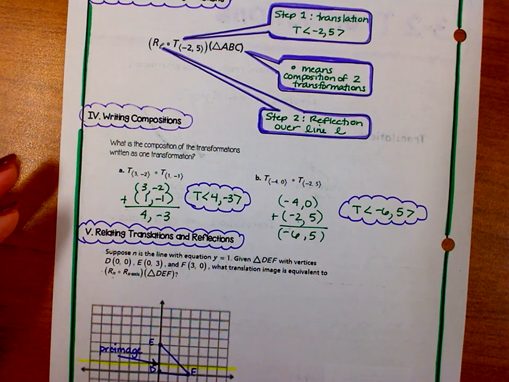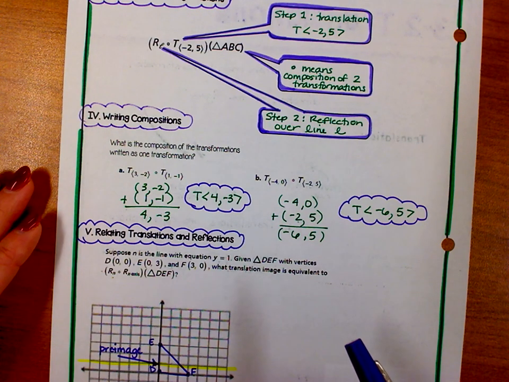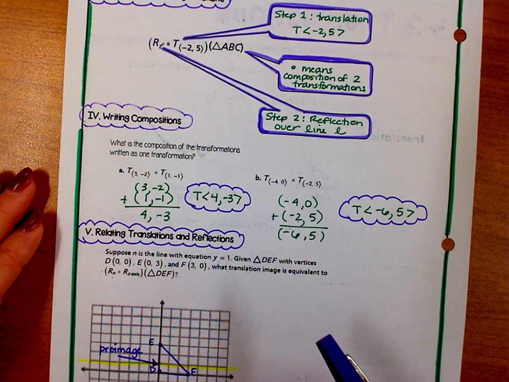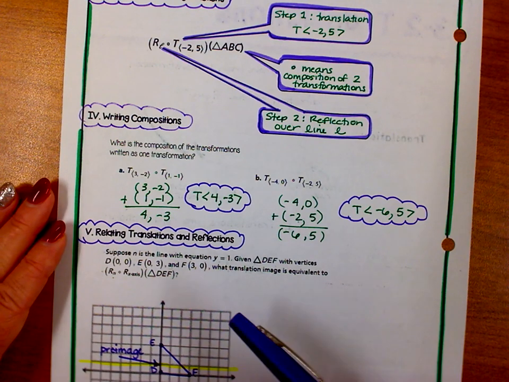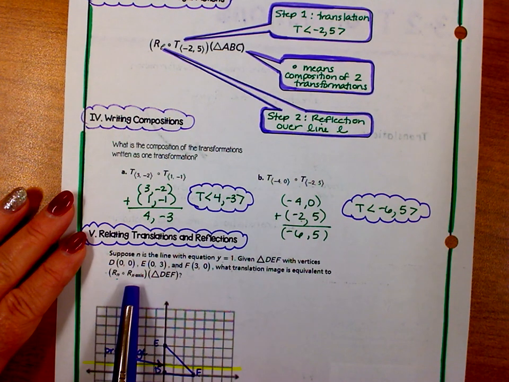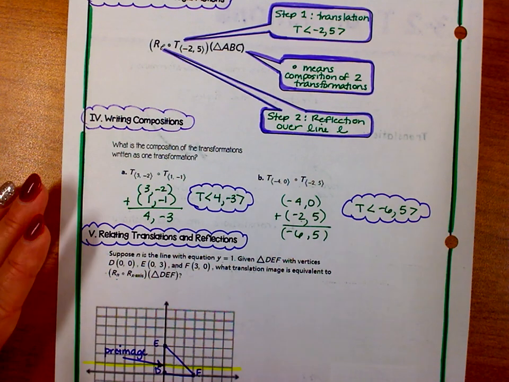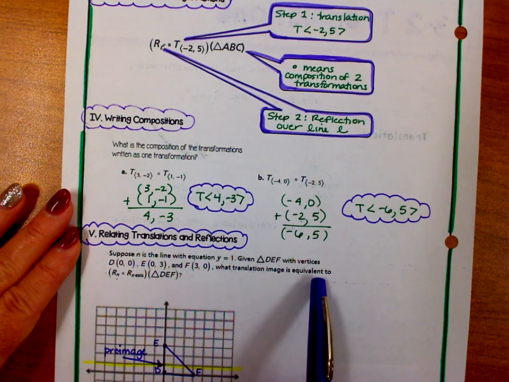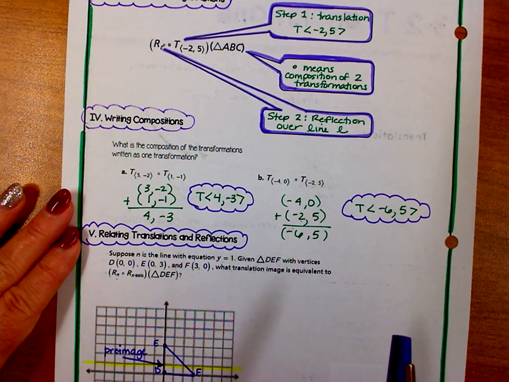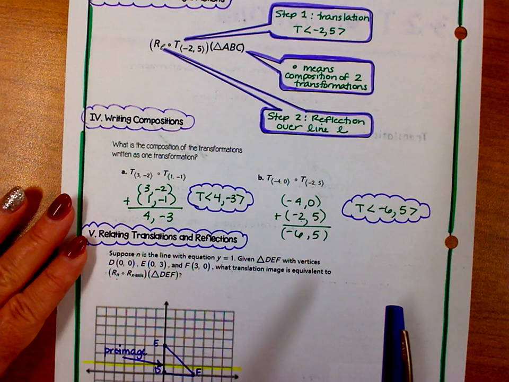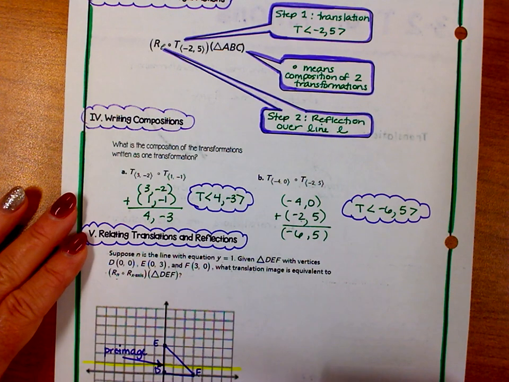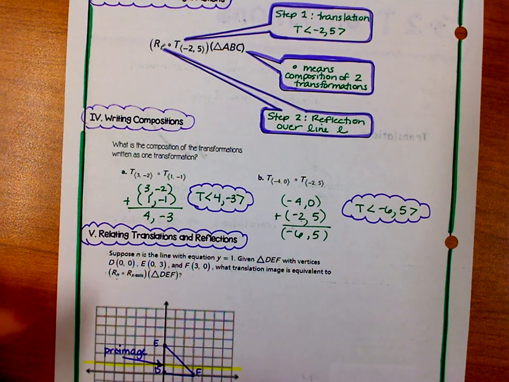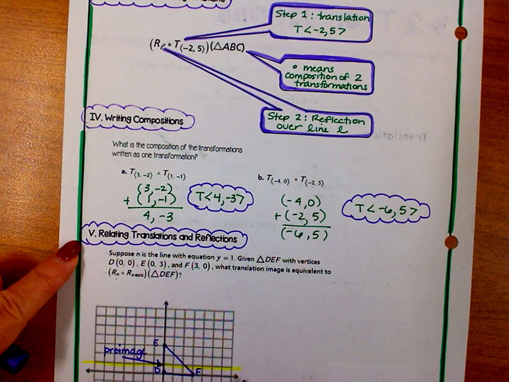First we are going to reflect over the x-axis, because we do the second one first. Always do the second one first. It asks, what translation is equivalent to these two things? Well, let's do this reflection and see what happens. If we're reflecting over the x-axis, these two points are not going to move because they're already there.